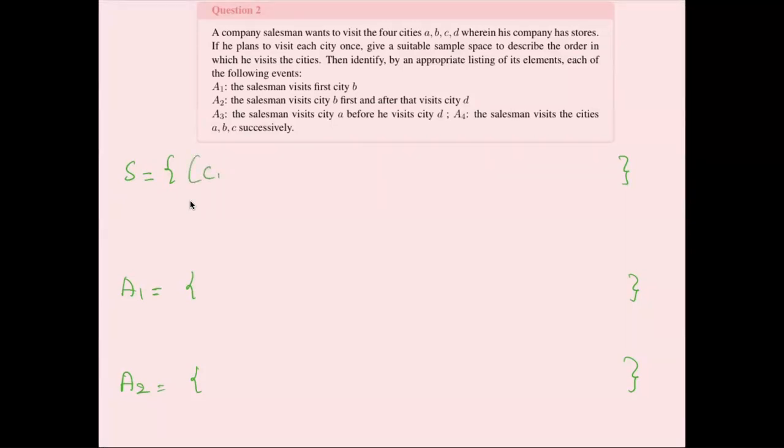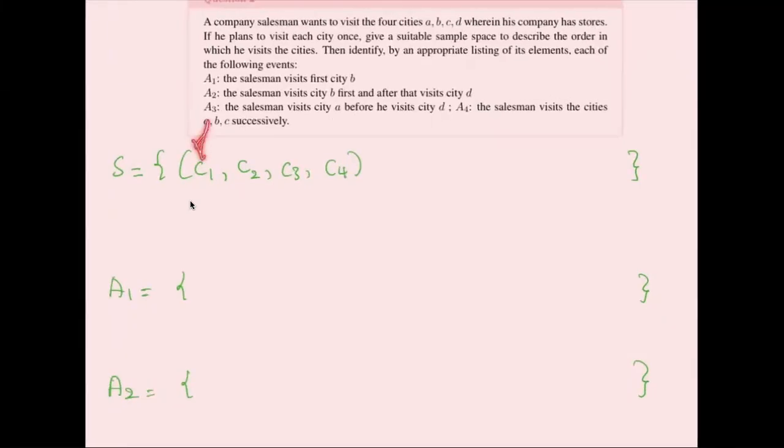So what you can write is just a tuple of CD1, CD2, CD3, CD4 to indicate this is the CD that he visits first, this is the CD that he visits second, this is the CD that he visits third, and this is the CD that he visits last.